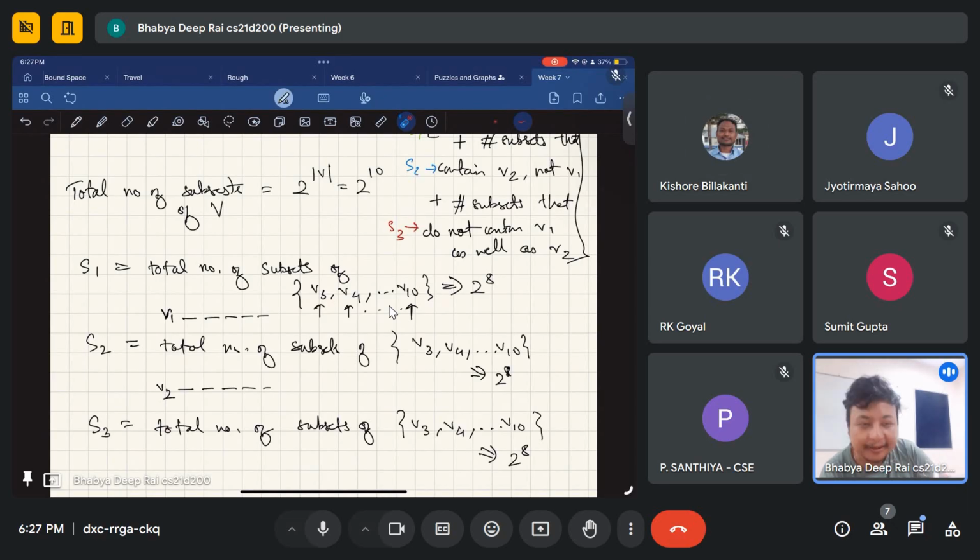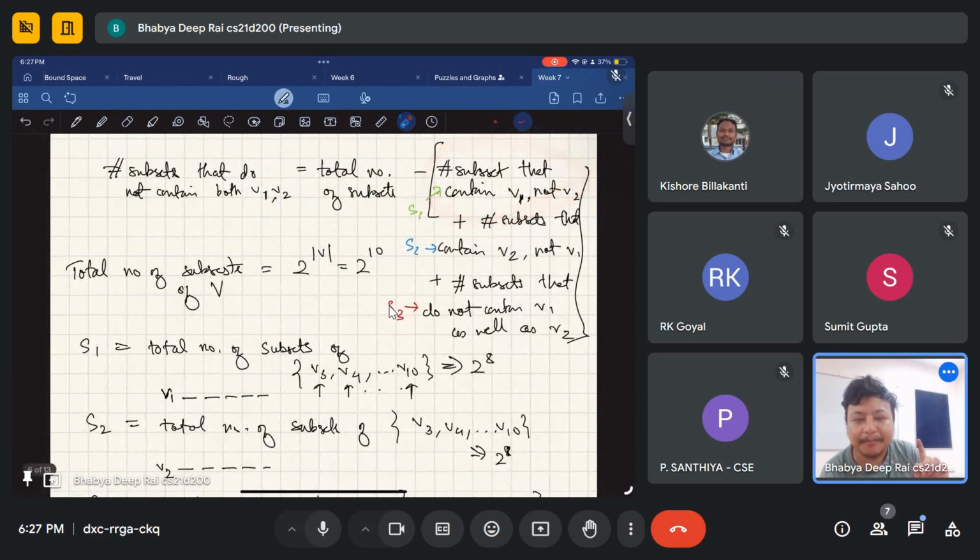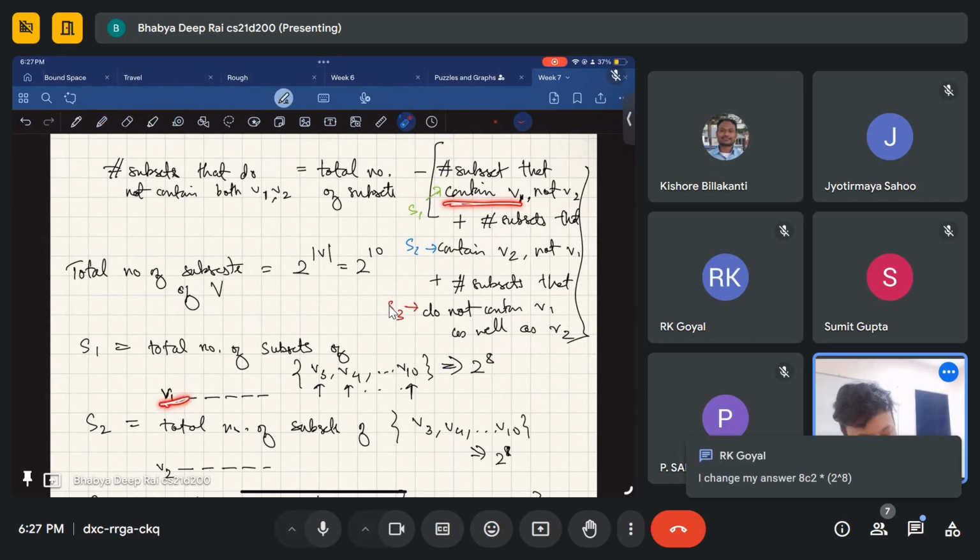So all the subsets that I get on doing V1 union all the subsets of this will characterize exactly this. It will contain V1, but does not contain V2.